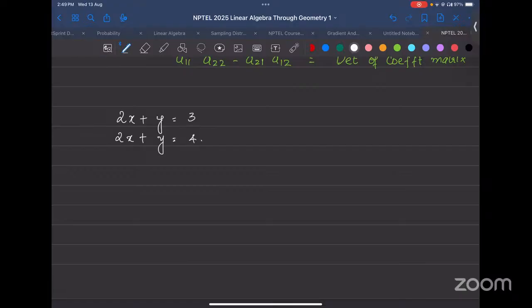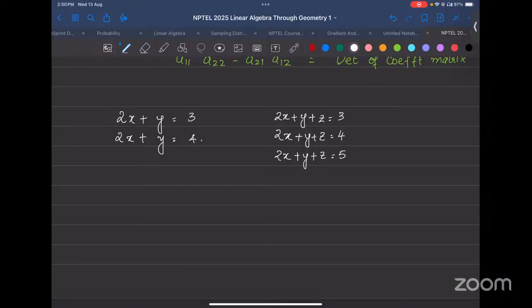You see the left-hand sides are the same, but the right-hand sides are different. Therefore, there's no chance that you will get a solution for this. So a non-homogeneous system with three equations and three variables could actually be this itself. You take 2x plus y plus z is equal to 3, 2x plus y plus z is equal to 4. These are three different equations in three variables, but this does not have a solution at all. So it is not guaranteed.